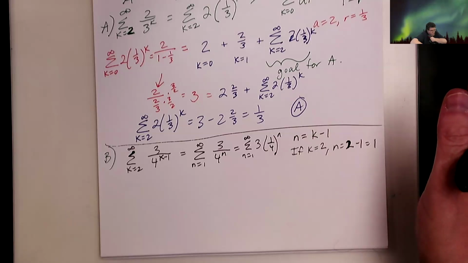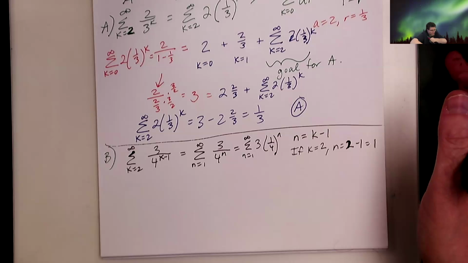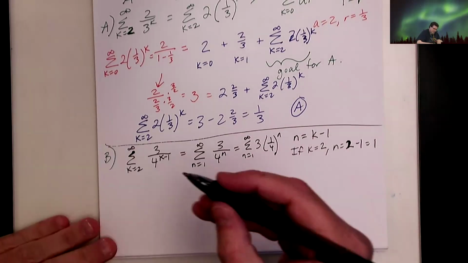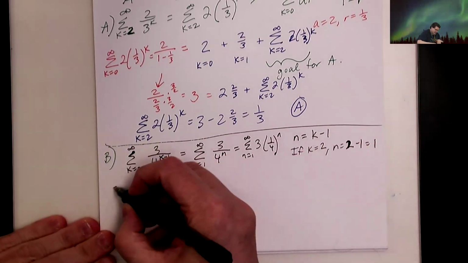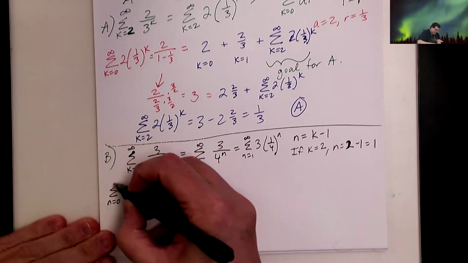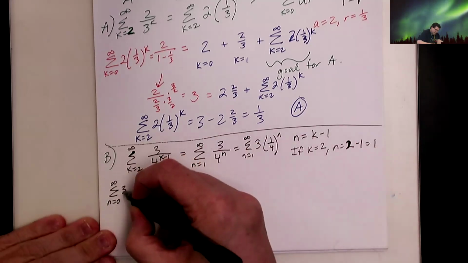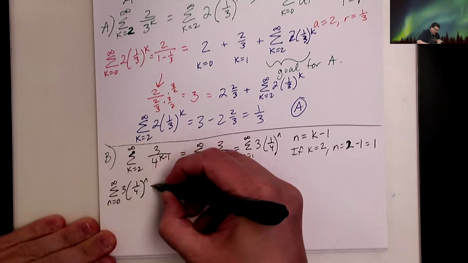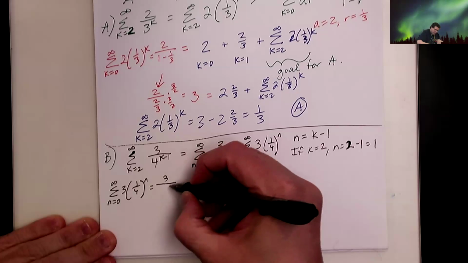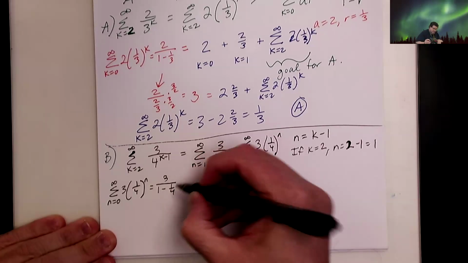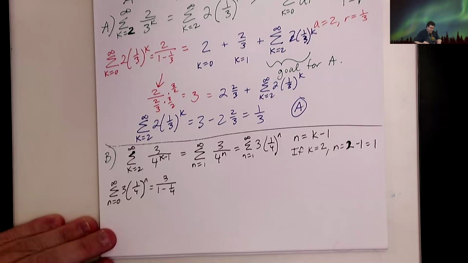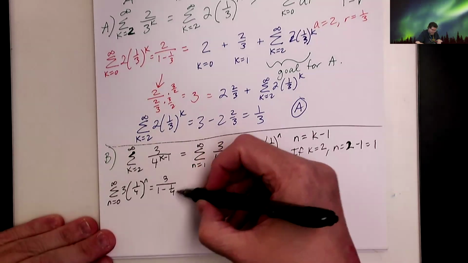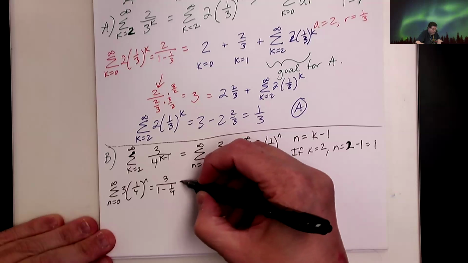So it should look like 3 times 1/4 to the n, which is also geometric. So let's look at what the geometric series would give us. n equals 0 to infinity of 3 times 1/4 to the n should be 3 over 1 minus 1/4. And that equals 3 over 3/4, which is 4, right?